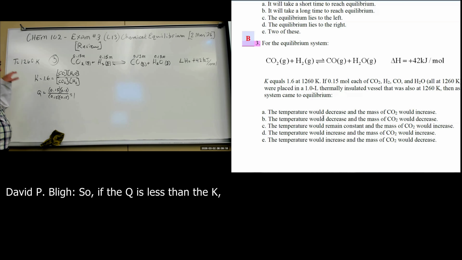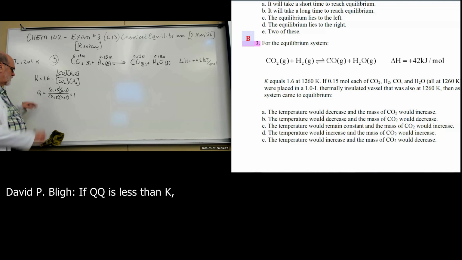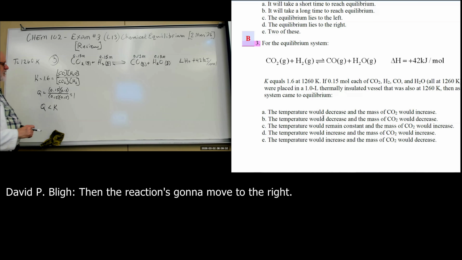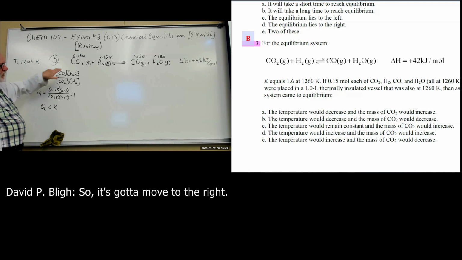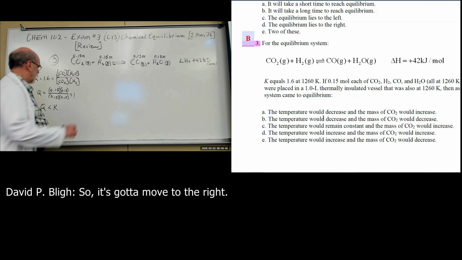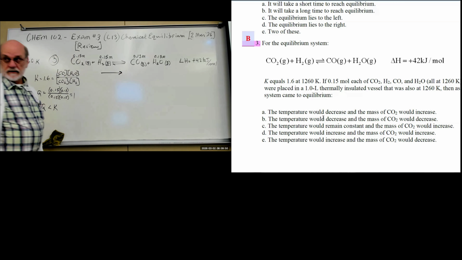So if the Q is less than the K, that means this is too small, correct? If Q is less than K, then the reaction is going to move to the right because this is too small. It makes this value smaller than it should be. This needs to be bigger. So it's got to move to the right to reach equilibrium.